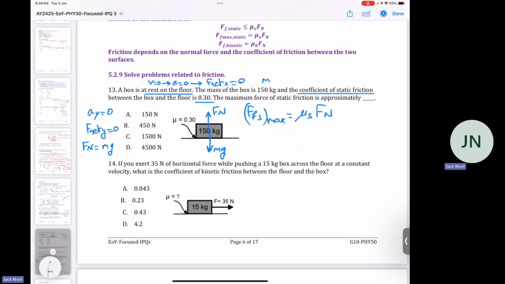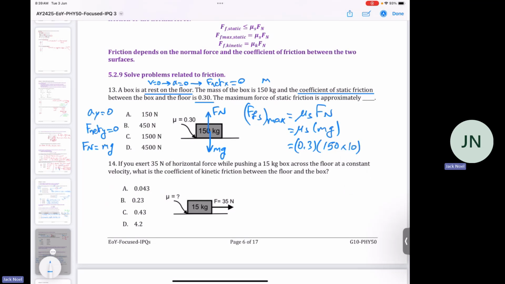So I can replace Fn by mg, mass times acceleration due to gravity, which is equal to 0.3 multiplied by 150 kg multiplied by 10.